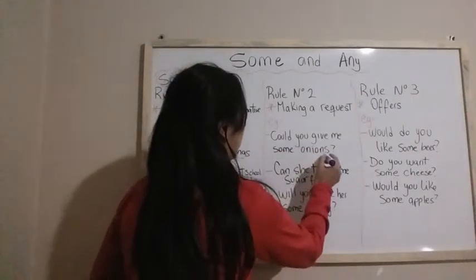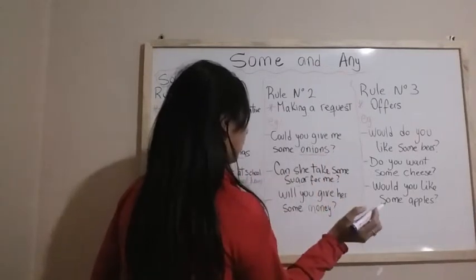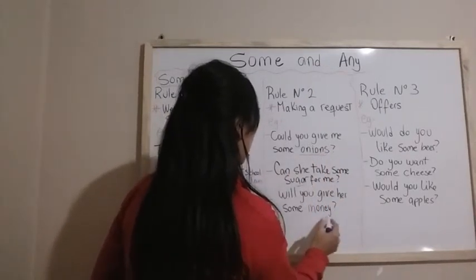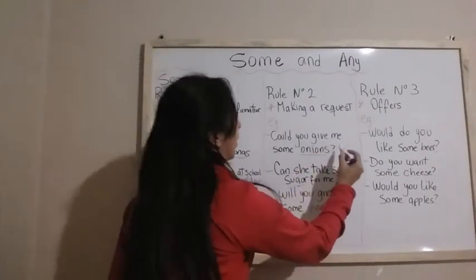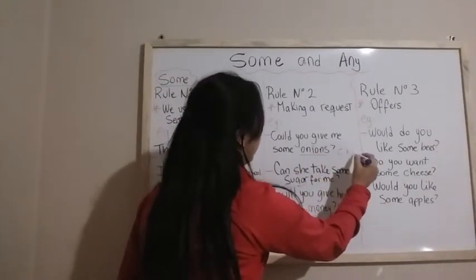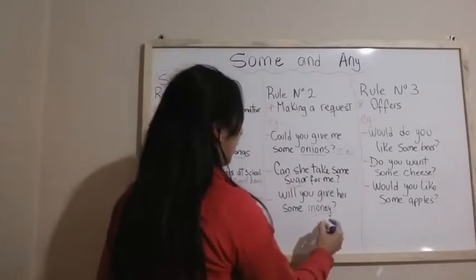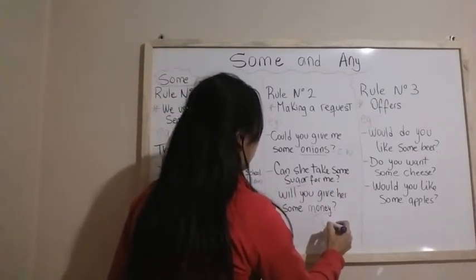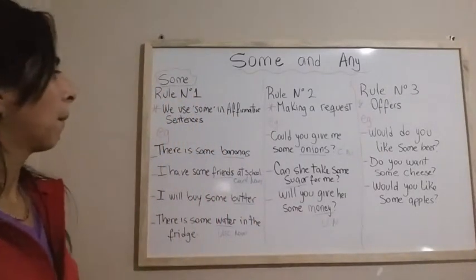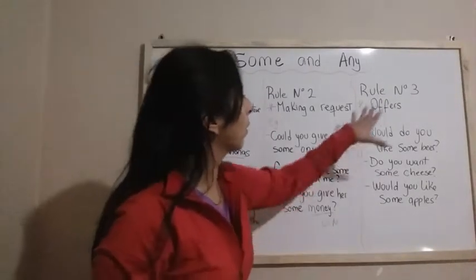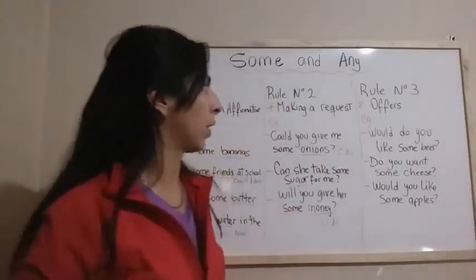Here we have onions, sugar, and money. Onions is a countable noun, and the other two are uncountable nouns. Okay?